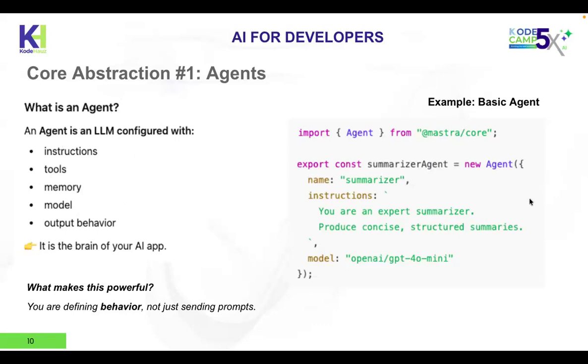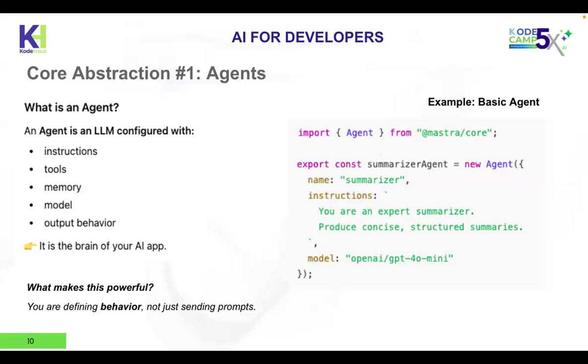This is the scaffolding. When we say scaffolding around an LLM, this is the scaffolding. And once you have this scaffolding, then of course you have an agent. So that's basically it. With Mastra, it becomes very easy to just set up an agent. It's not a difficult thing anymore.